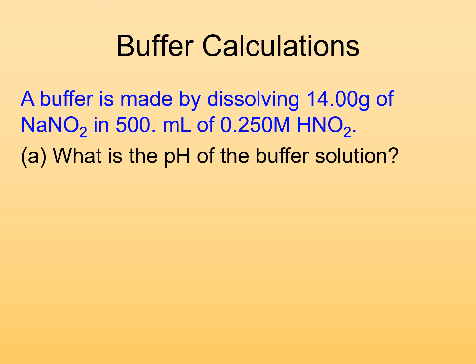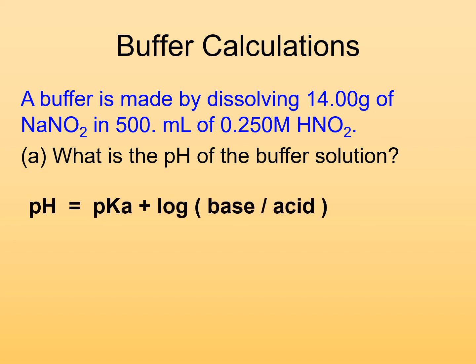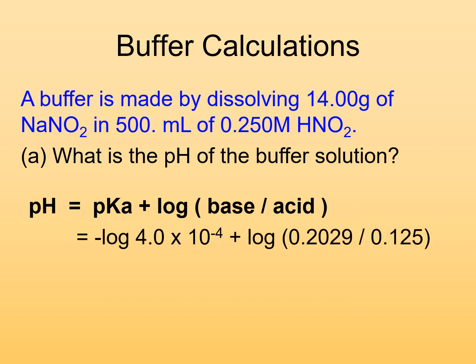to 0.2029. We can figure out moles of the nitrous acid by doing the molarity times the volume. So that will give us 0.125 moles. And plug all of that into our Henderson-Hasselbalch equation with the Ka value of nitrous acid, which is 4.0 times 10 to the negative fourth.